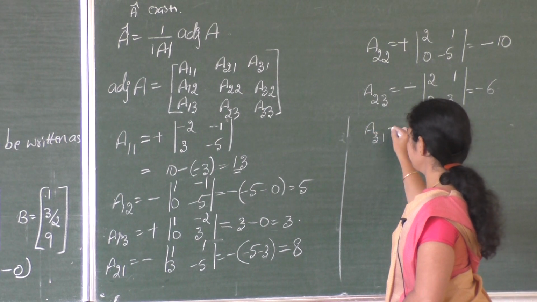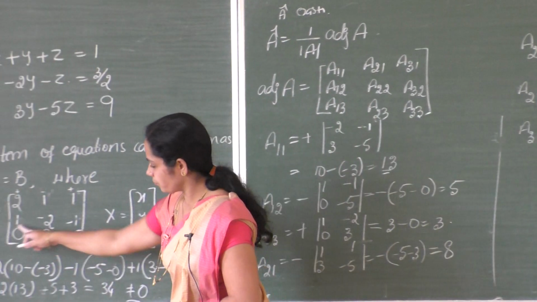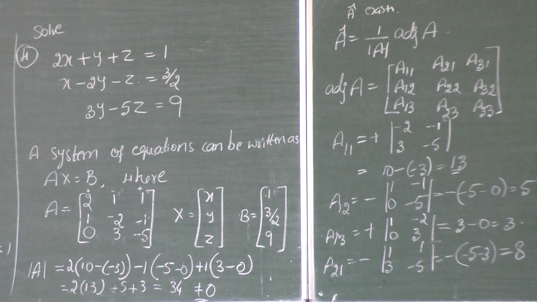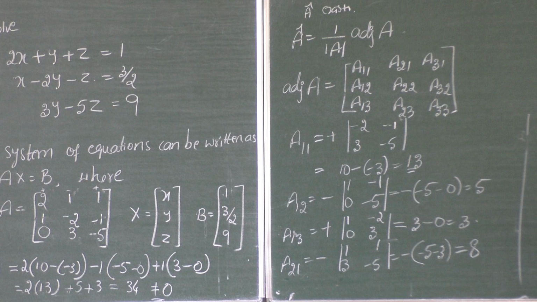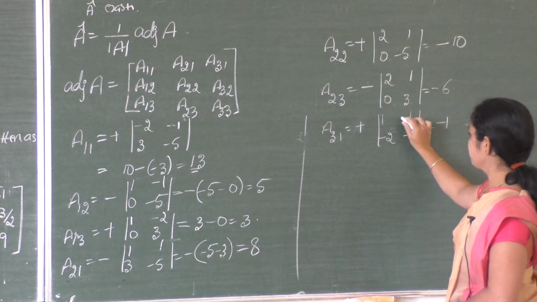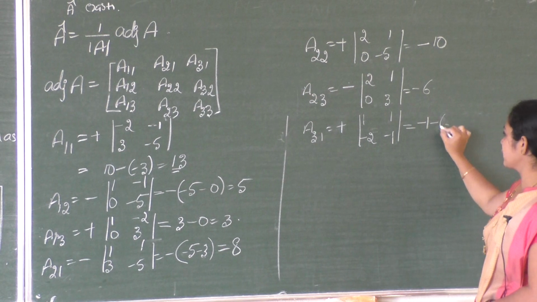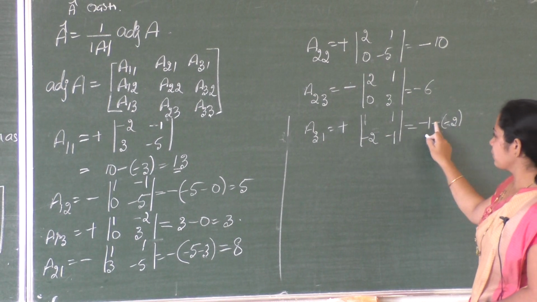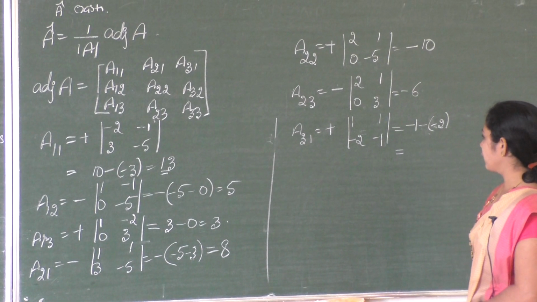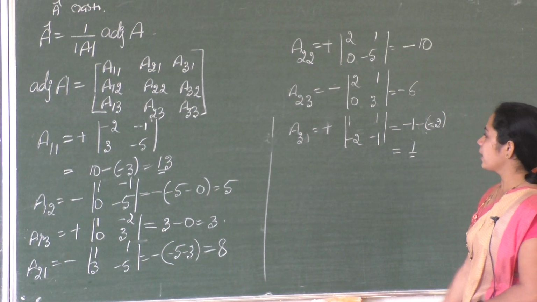Next A31. A31 is positive. Delete third row, first column. Remaining is 1, 1, minus 2, minus 1. This is equal to minus 1, minus of minus 2 into 1, that is equal to minus 1 plus 2, that is 1.